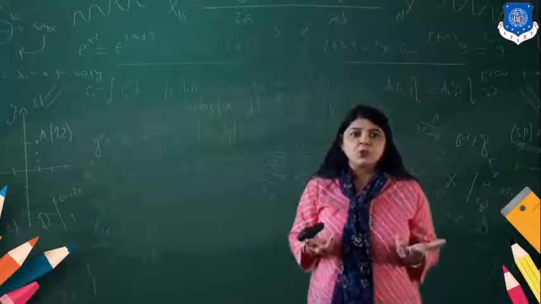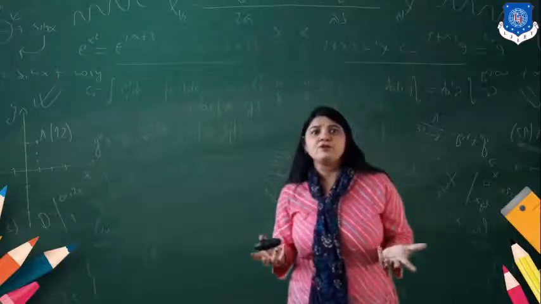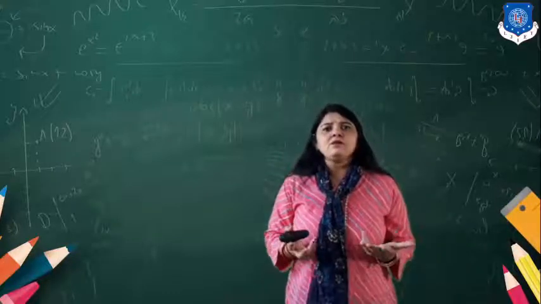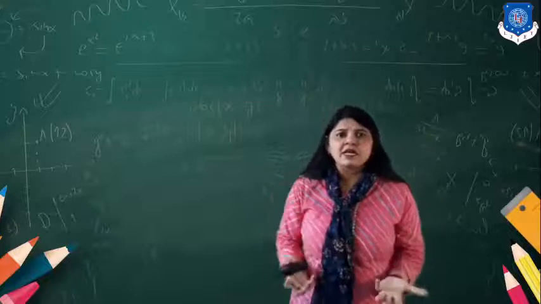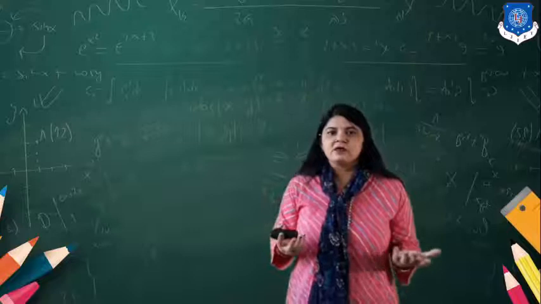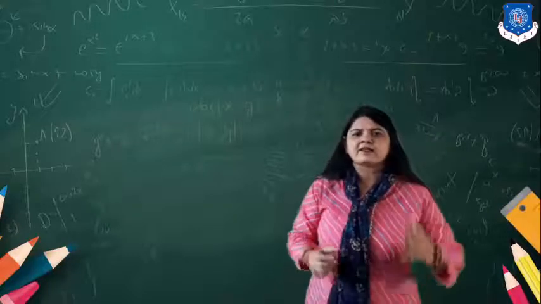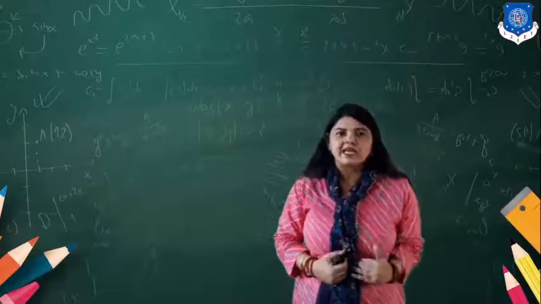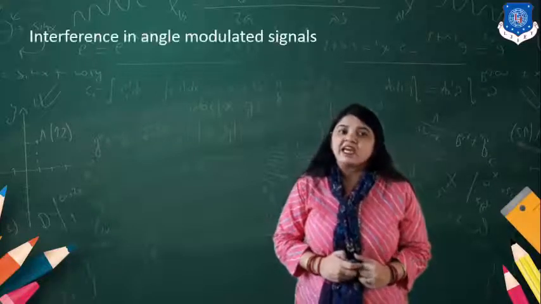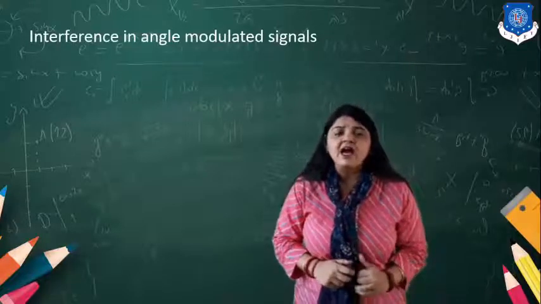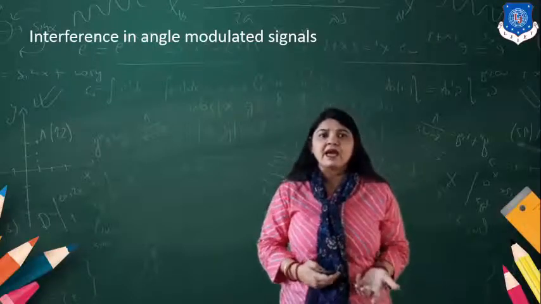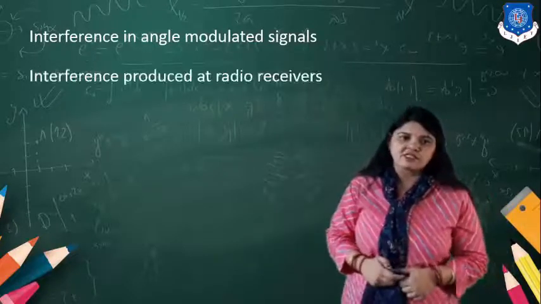Now, as we know, noise is produced in a particular system. In broadcasting, we require a system that is more immune to noise, because our target is suppressing the noise level. So how do I suppress it? First I should have an idea about which kinds of interference can be there in the angle modulated signal.